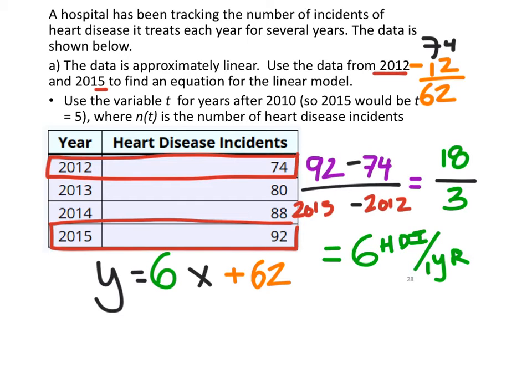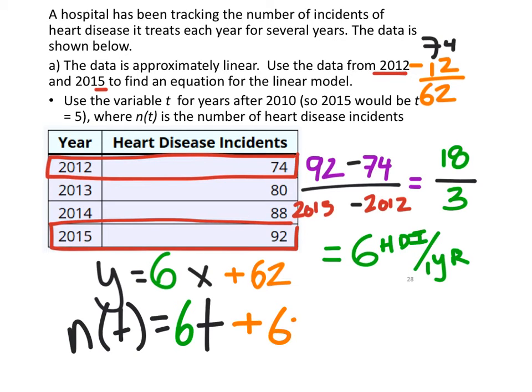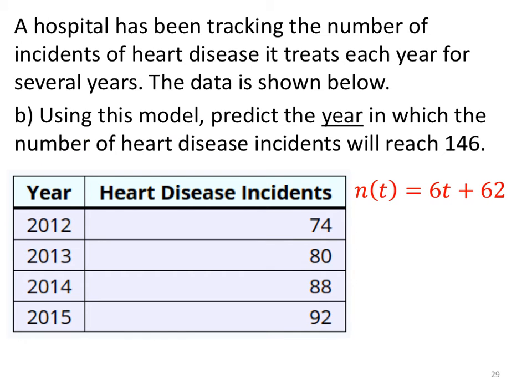So n of t equals 6t plus 62. And there we go, there's part B on that one.